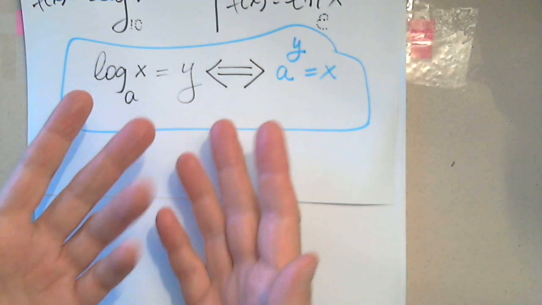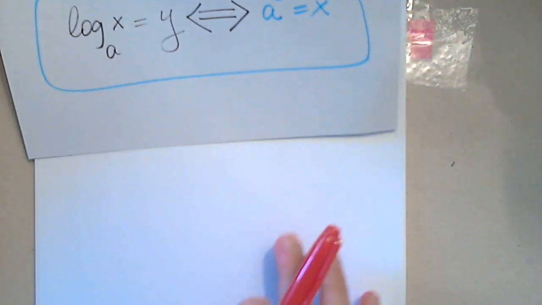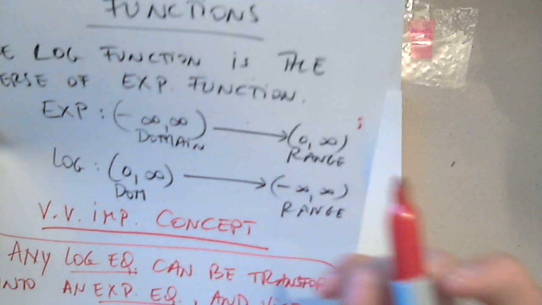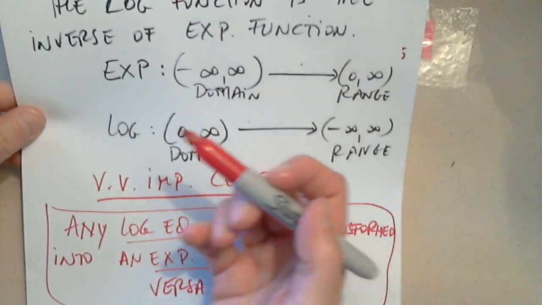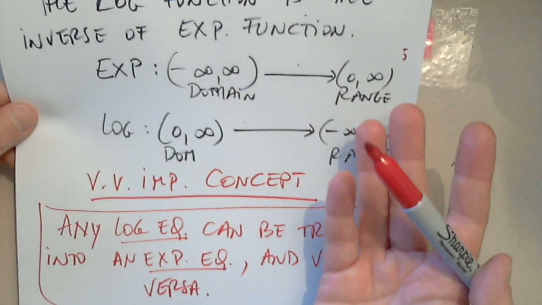So, based on this, I would like to show you why the log function is the inverse of the exponential. I just put this in writing. The log function is the inverse of the exponential, but I haven't shown you why.